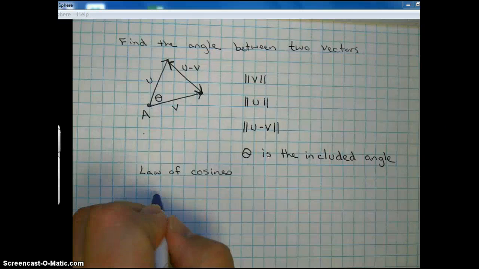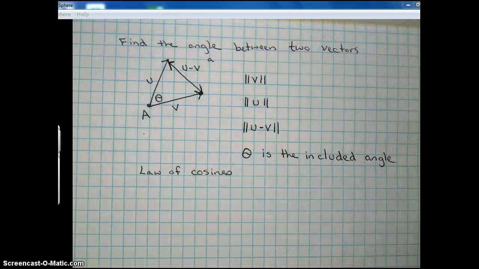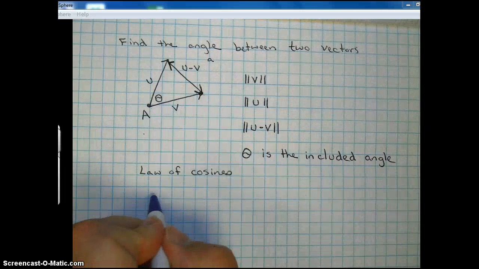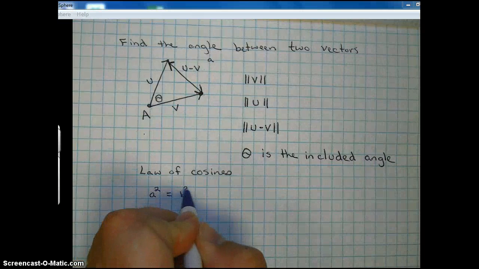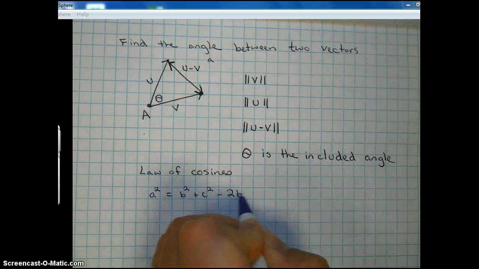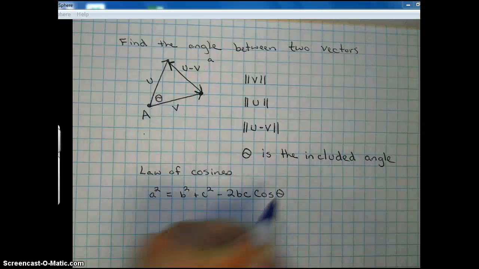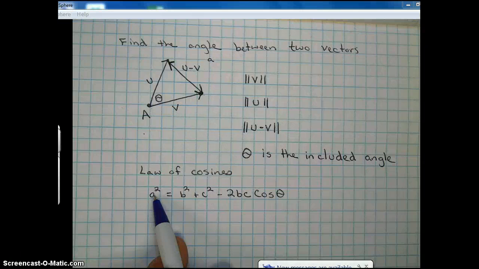And so if we looked at it as that being little a, recall that a squared is equal to b squared plus c squared minus 2 times bc times the cosine of the angle. Remember that this angle is opposite this side.